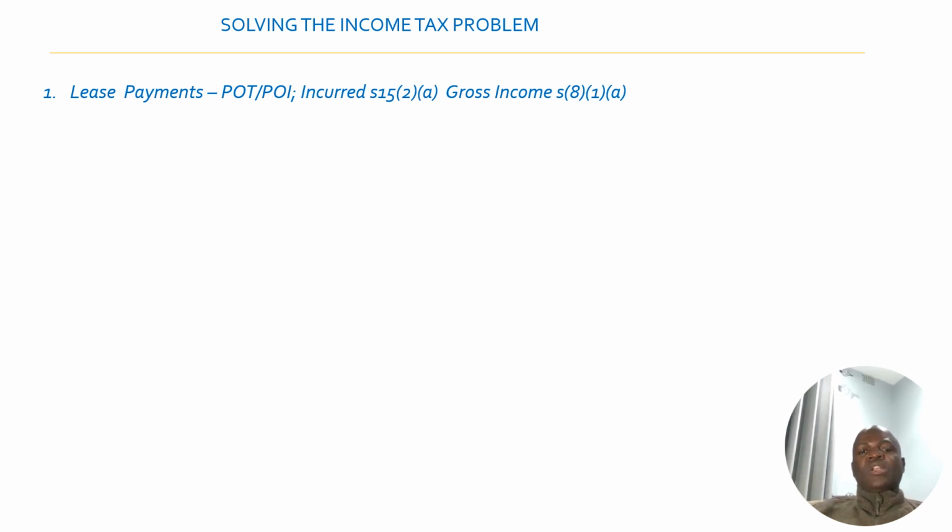I'm thinking as well, you have to read in the scenario whether this lease expense had been incurred already or has not yet been incurred. Again, you need to really look at the factors in the scenario for you to decide which tax principle under allowable deductions on lease payments you are looking at. Some scenarios can end up having you consider whether to capitalize those lease payments or not.